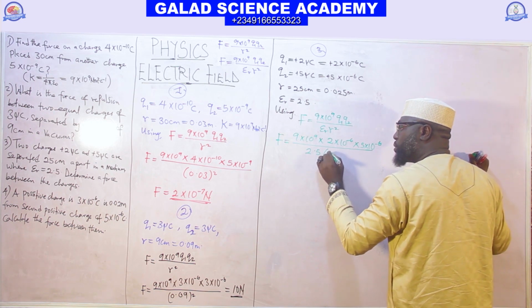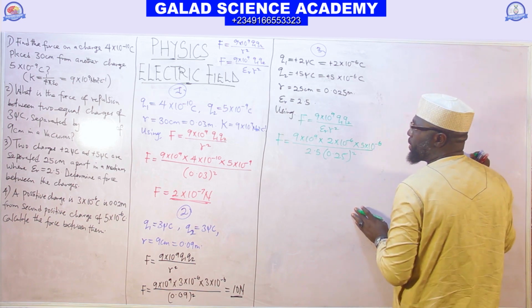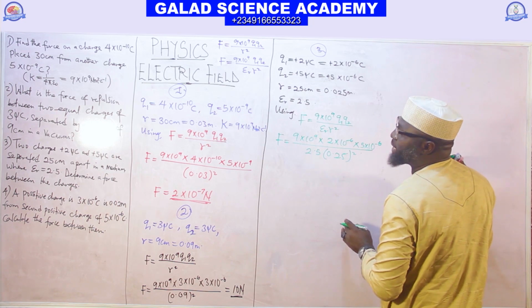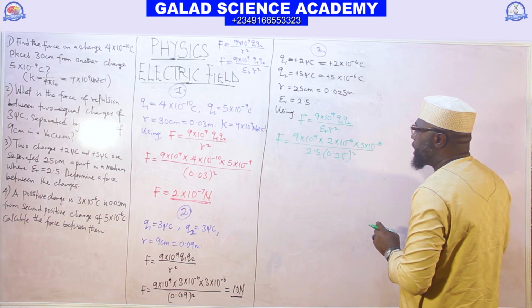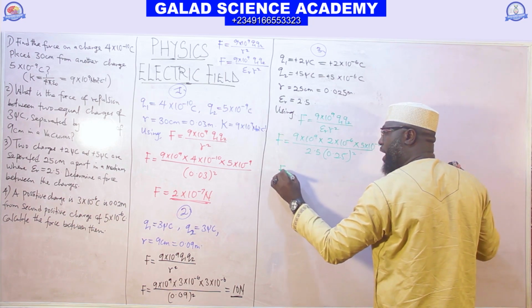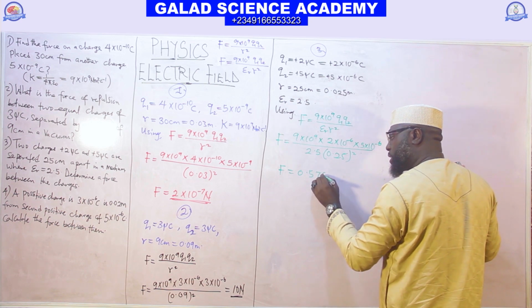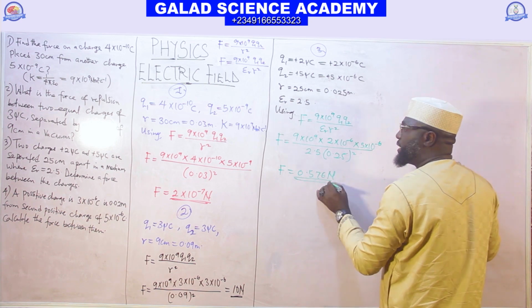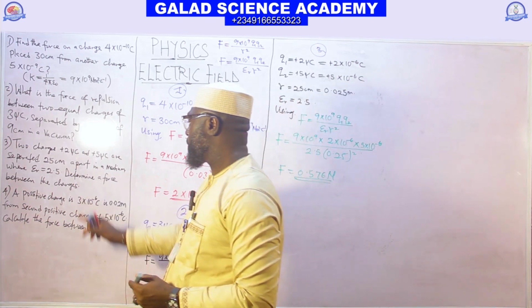R square is 0.025 square. So by pressing the calculator, not mistakenly, the final answer for F is 0.576 Newton. That is the force here.